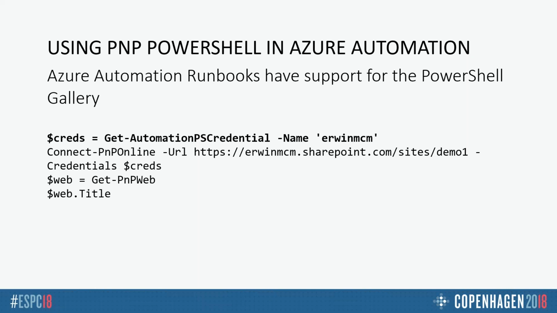There's another thing that I would like to point out, a relative newcomer in the Azure environment, and that is Azure Automation Runbooks. The cool thing about Azure Automation Runbooks is that they have support for the PowerShell Gallery. So you do not have to upload your references to PnP PowerShell manually, it's just built into the user interface.